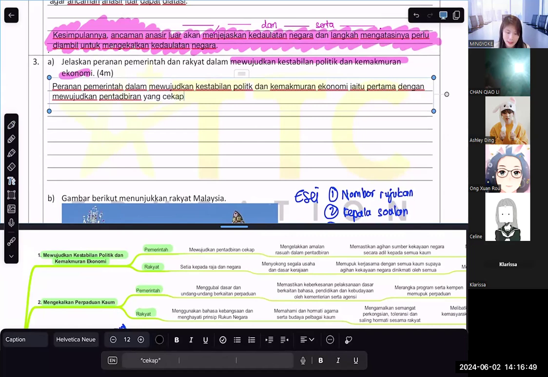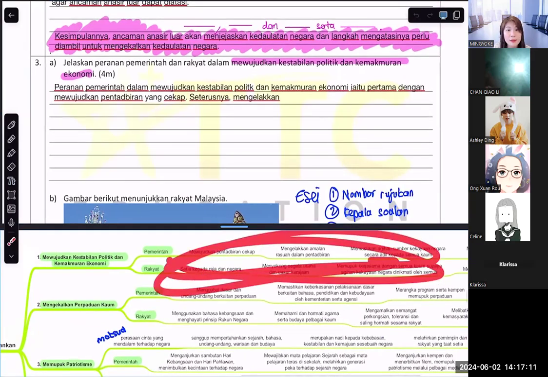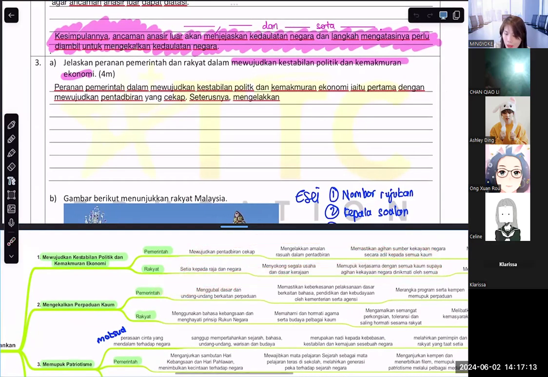Because it's only 4 marks. So pemerintah 2, rakyat 2, or you add another one extra: pemerintah 3, rakyat 3. Okay, so then seterusnya mengelakkan. You see, it's all in your points here. Then, okay, good. Okay, mengelakkan what?